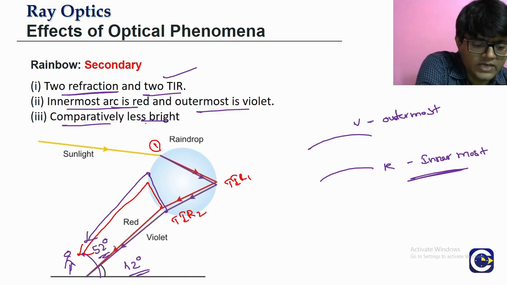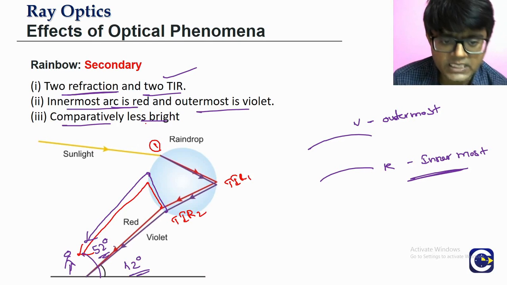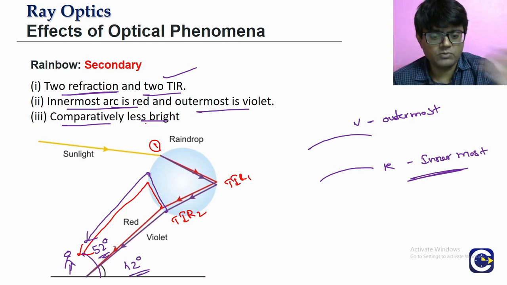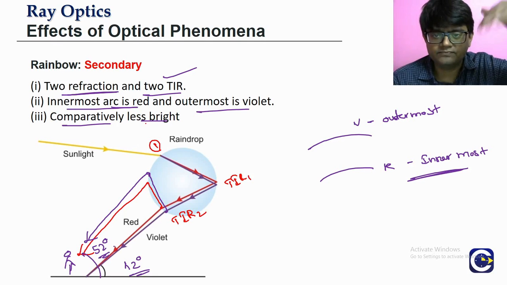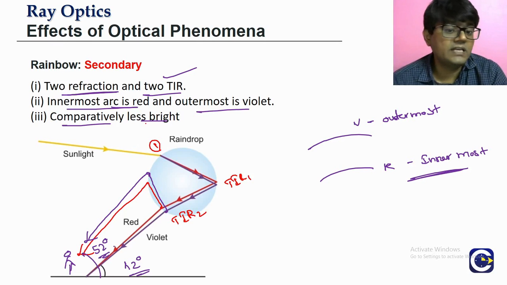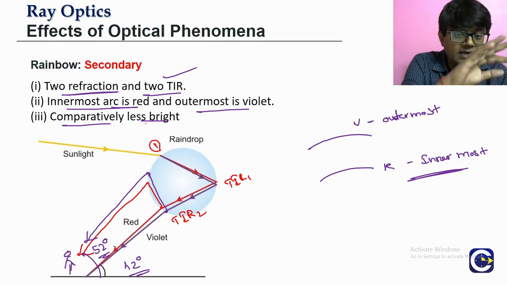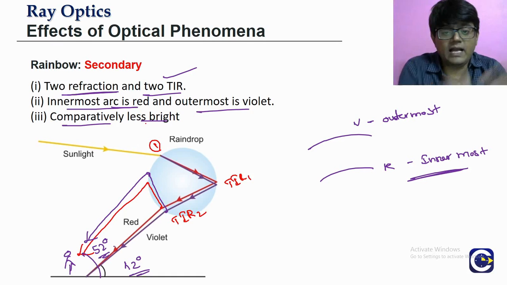The values might change a little depending upon some other considerations, but typically the primary rainbow will be around 42, and the secondary rainbow will make a higher angle with respect to the horizontal, like we have seen in the diagram also. Secondary rainbow will happen at a higher angular formation.